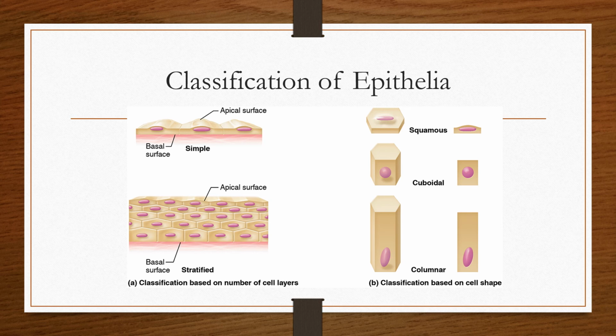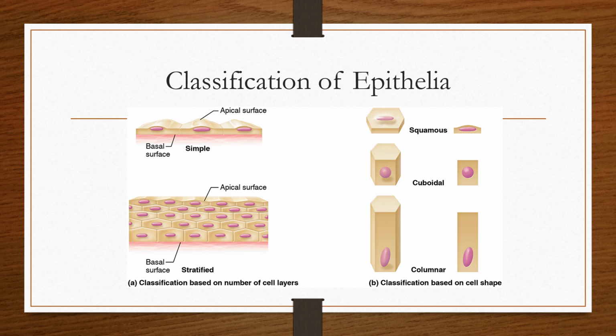Simple cuboidal can be found in the epithelium of kidney tubules. Simple columnar can be found in the epithelium of the small intestines. Pseudostratified ciliated columnar can be found in the epithelial lining of the human trachea. And then stratified squamous can be found in the epithelium lining of the esophagus.